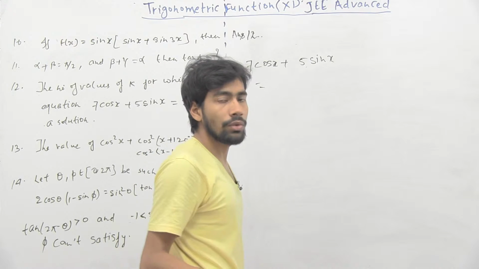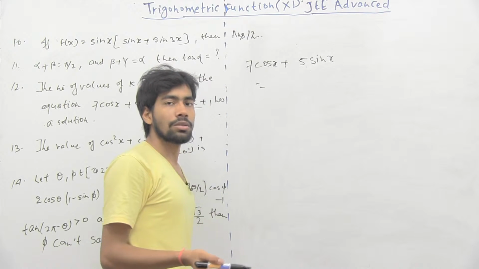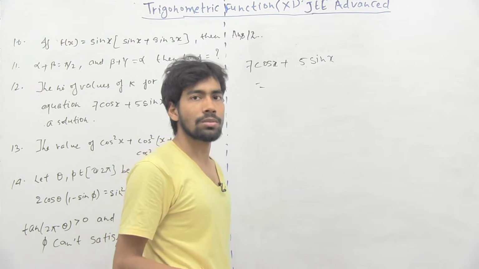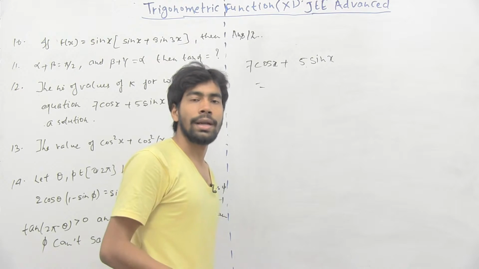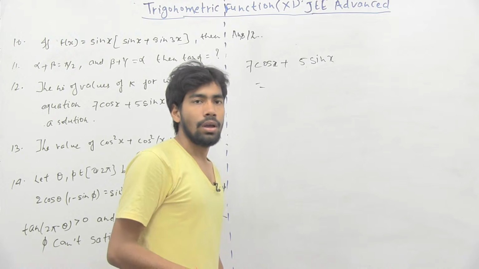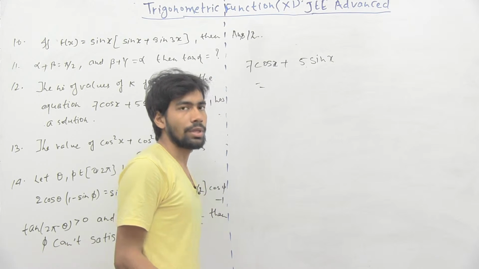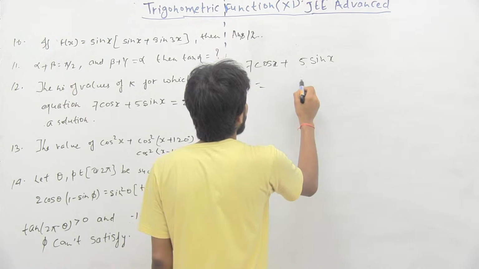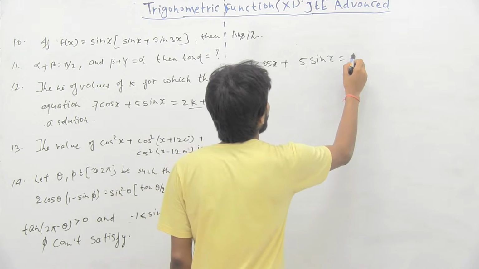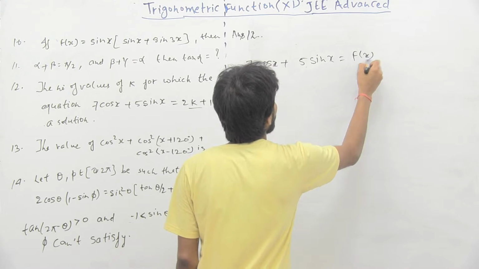We already know the formula: the minimum value of a cos x plus b sin x is minus root of a square plus b square, and the maximum value is root of a square plus b square. So let's assume it is f(x).